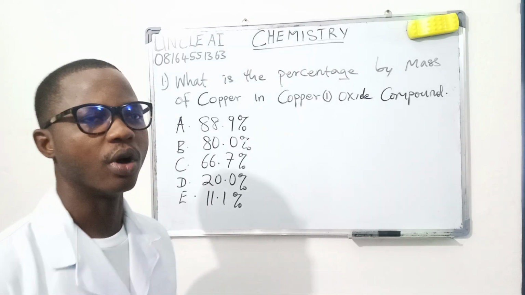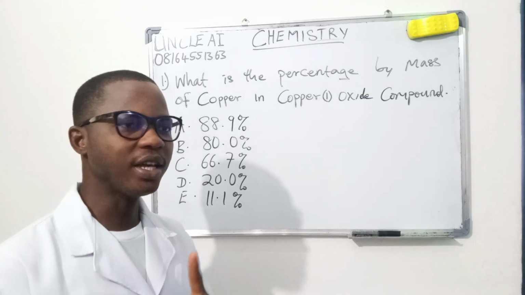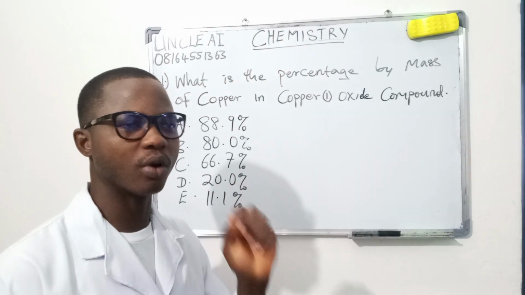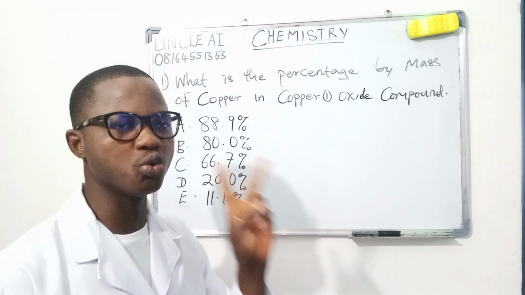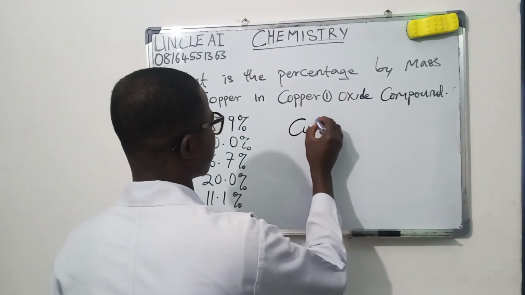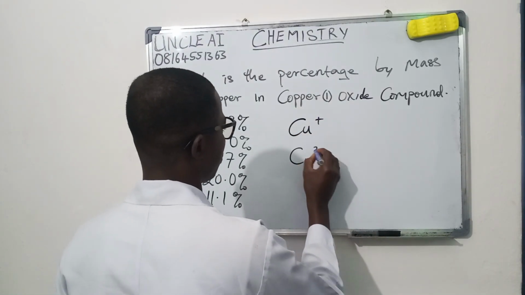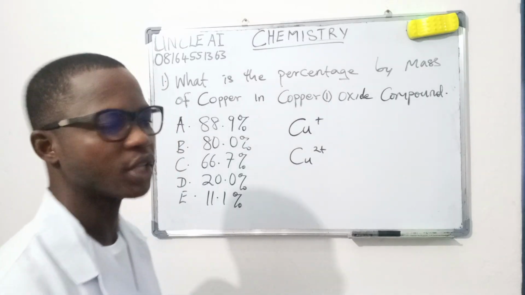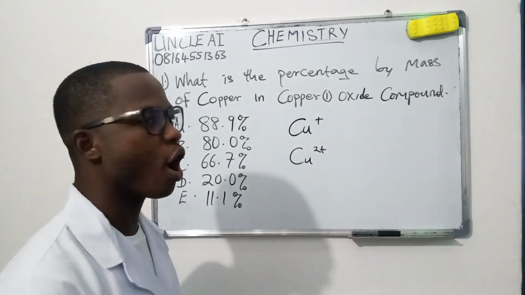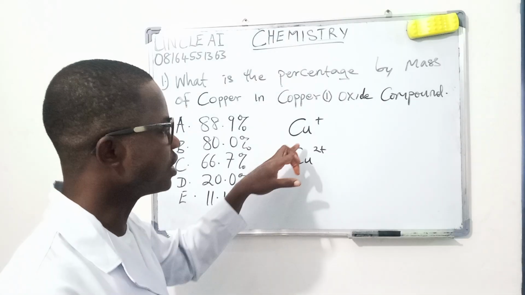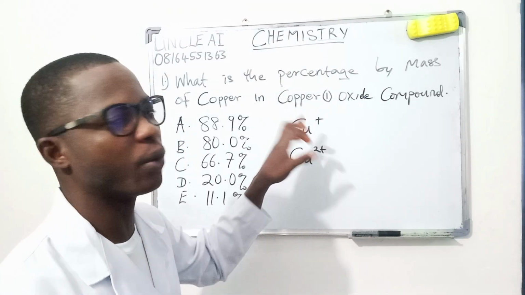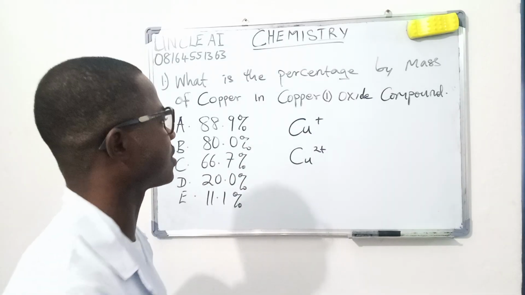It's very simple. Remember, copper is a transition element with variable oxidation states. It has two variable oxidation states, and they are copper 1 and copper 2. Now, since the compound we are dealing with forms an oxide with copper 1, that is the one that combined with oxygen to form the oxide.